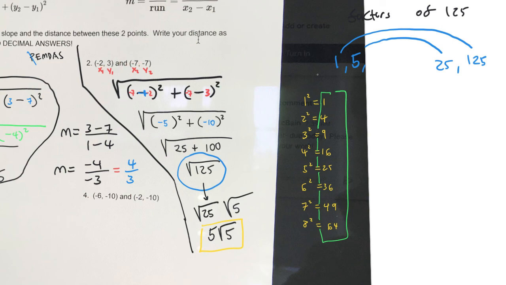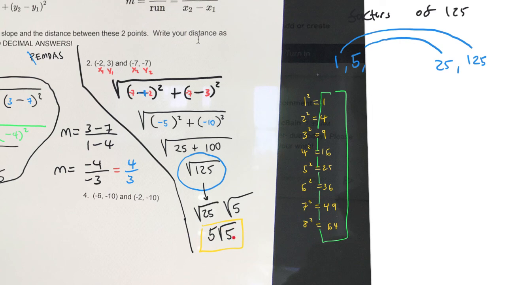We used the distance formula, we went through the motions, we got all the way up to the square root of 125, and then we simplified that by splitting it apart into a perfect square factor and a non-perfect square factor. And we did the square root of the perfect square factor, and it turned out to be 5 radical 5. Now that is as far as you can go.